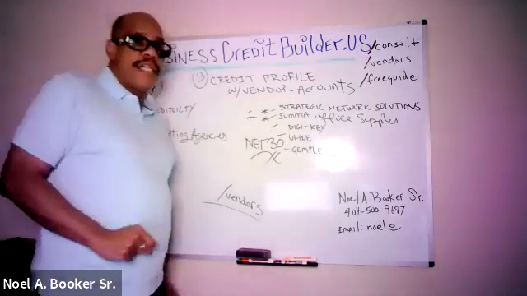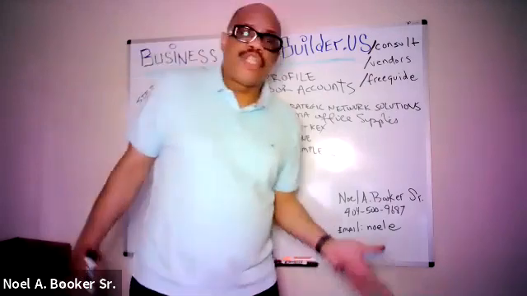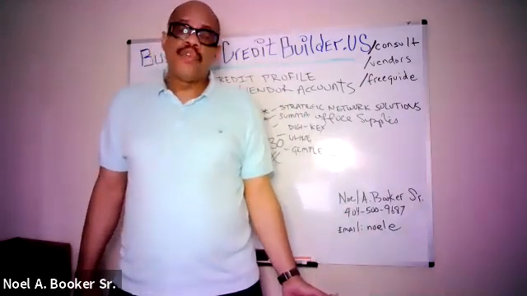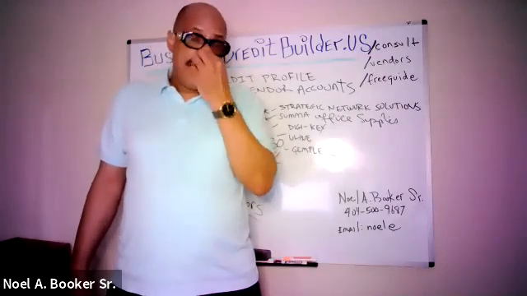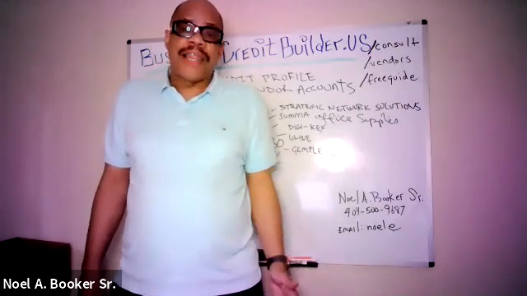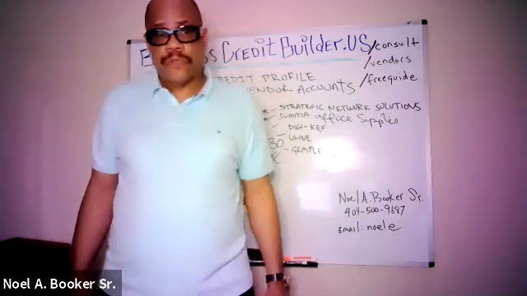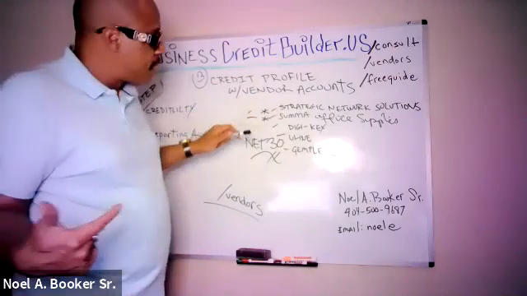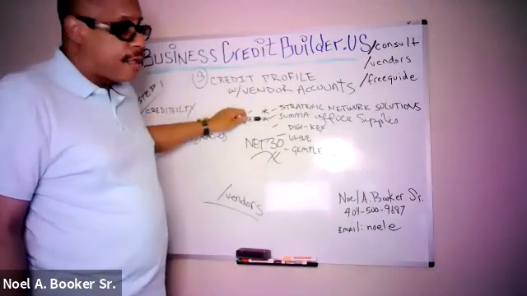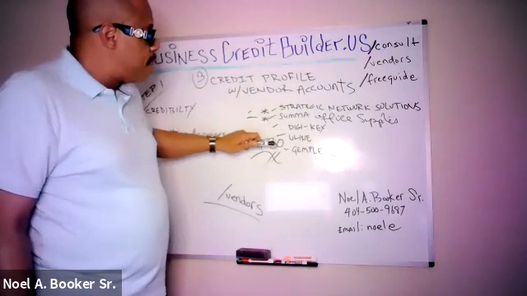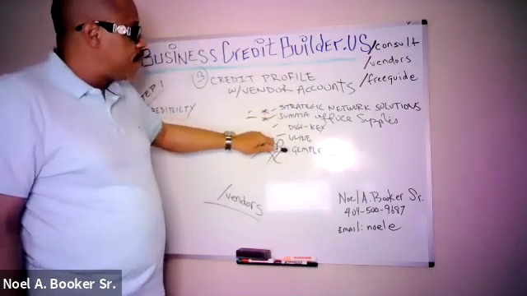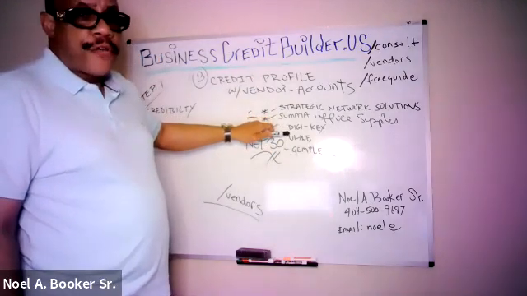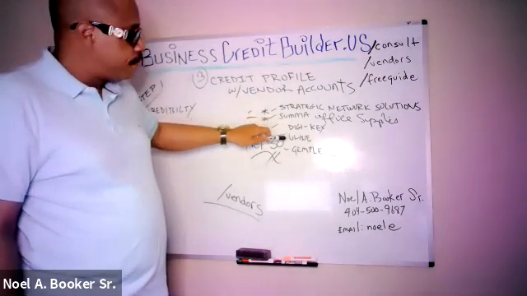Now, one thing to note is that these companies change their requirements regularly, and due to COVID, they have restricted a lot of these net 30 accounts. So right now, present day, I know these two are still rocking. I'm not sure about these, so just check them out.